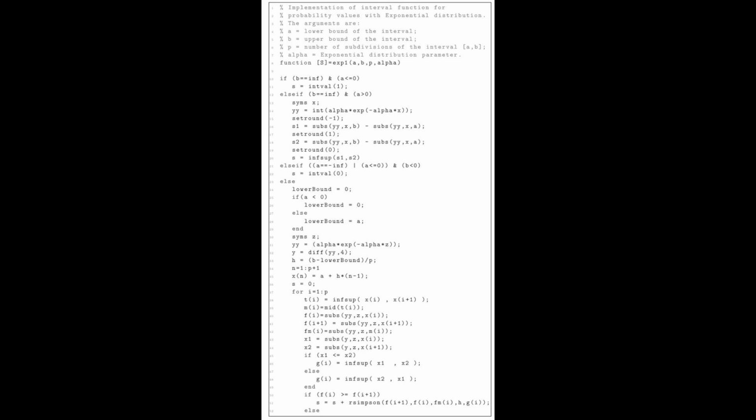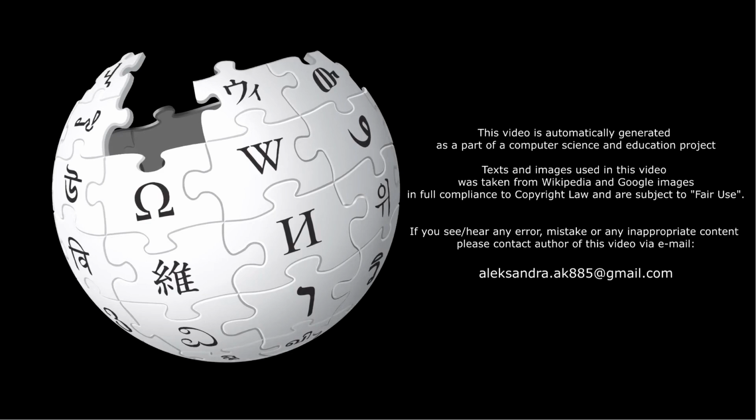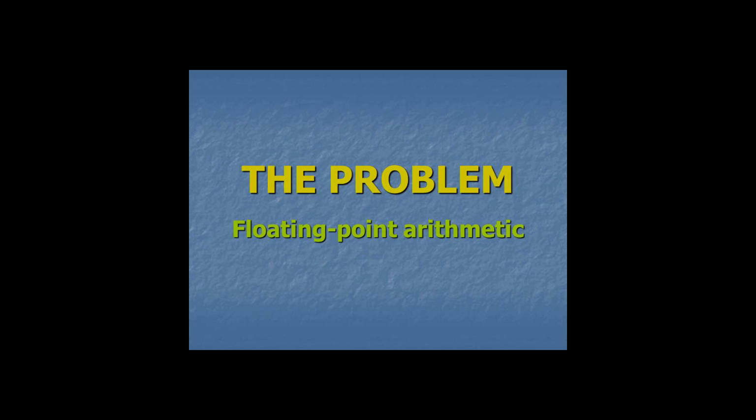Treatment is typically limited to real intervals, so quantities of the form [a, b] = {x ∈ ℝ | a ≤ x ≤ b}, where a = −∞ and b = ∞ are allowed.